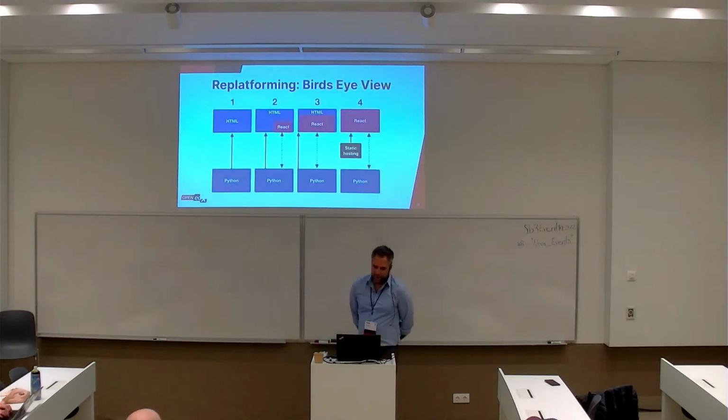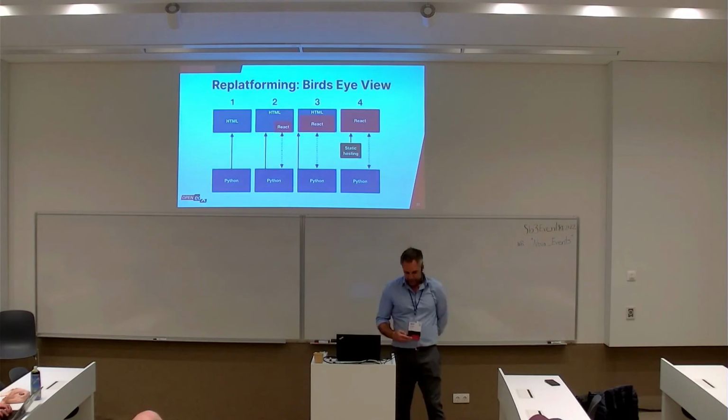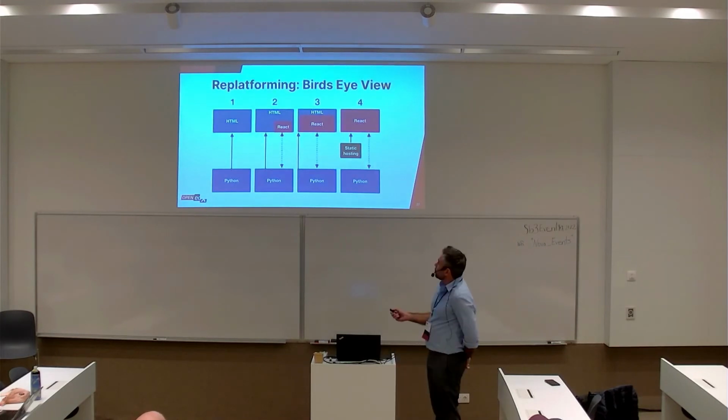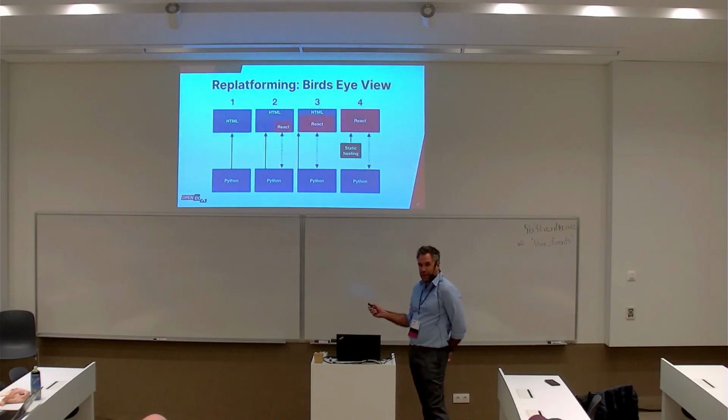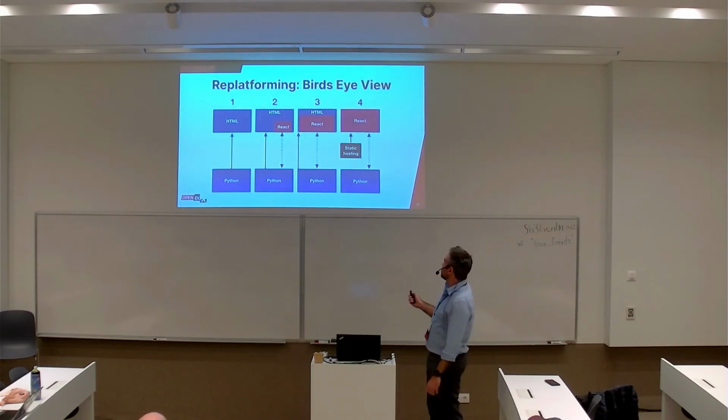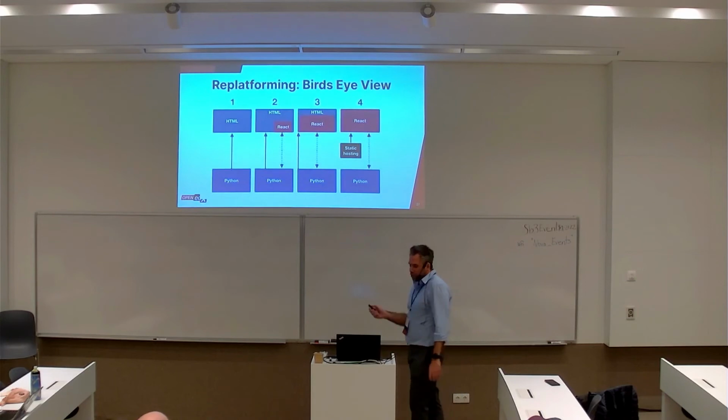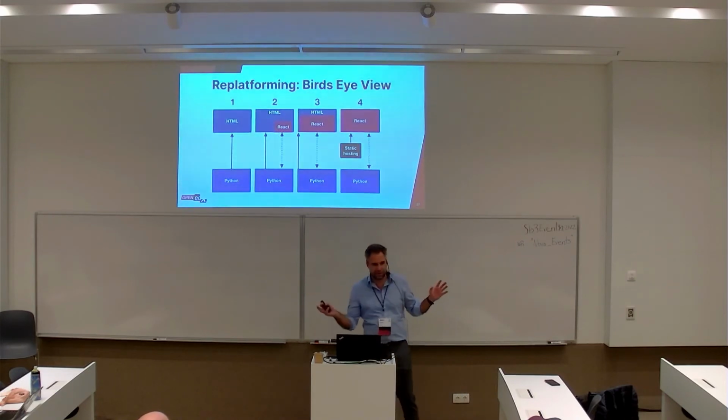All right, so bird's eye view. This was the plan. This is where we were in 2015, 16, 17, roughly. The idea was to incrementally replace pages in the front end, all across Studio and the LMS, until eventually there were no Mako templates being rendered in the backend.